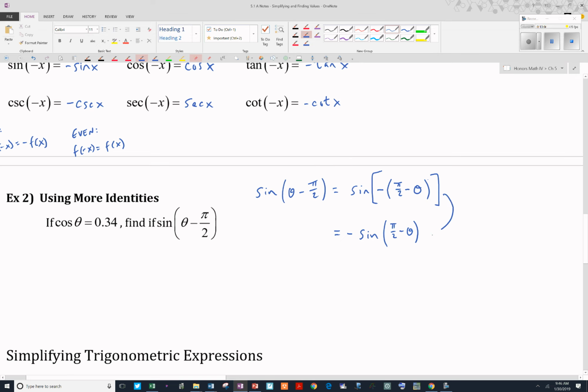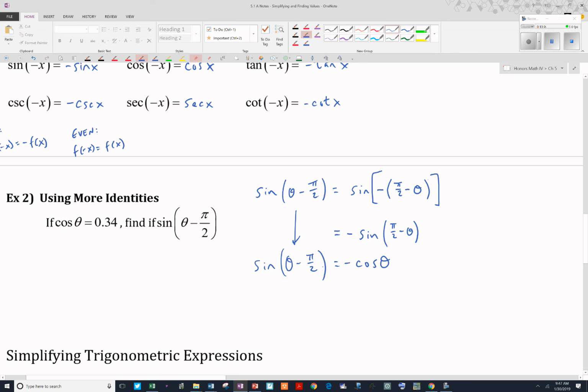Then from here to here, we used our odd-even angle identities. And now we can replace this with cosine of theta, using our cofunction identities. So we know that the opposite of the cosine of theta is equal to, I'll just drop this down, sine of theta minus pi over 2.